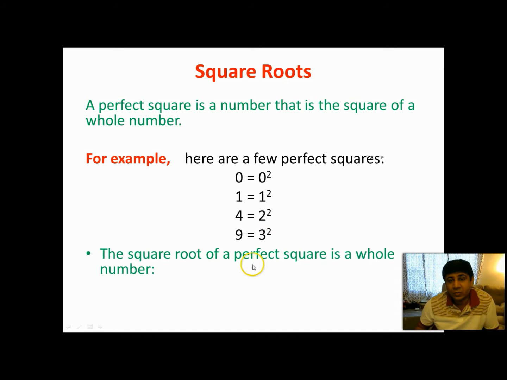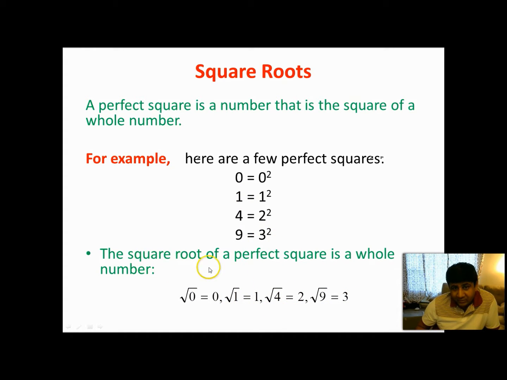The square root of a perfect square is a whole number. That's the bottom line here. The square root of 0 is 0, square root of 1 is 1, square root of 4 is 2, square root of 9 is 3. So 1, 4, 9, 16, 25 are all perfect squares, and if you take the square root, you will get a whole number, not a decimal or anything.